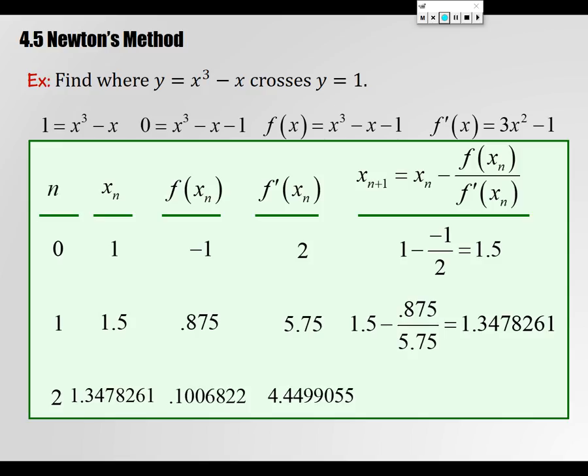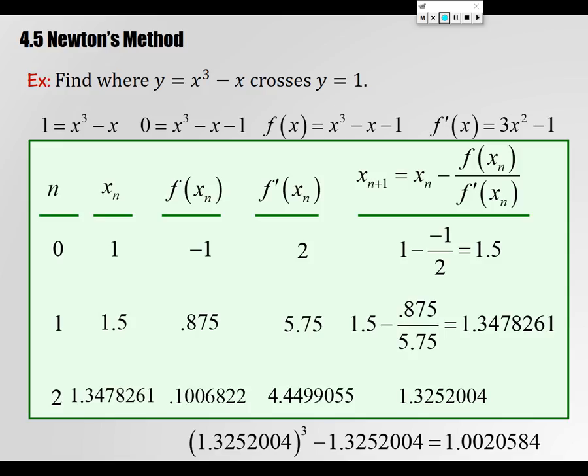All right, so I'm going all the way here. Notice that our final number here, if you plug it into x cubed minus x, gets you a value that's pretty close to 1, which is the thing we originally asked about. So this, I think, is not a bad approximation for our solution to this equation.